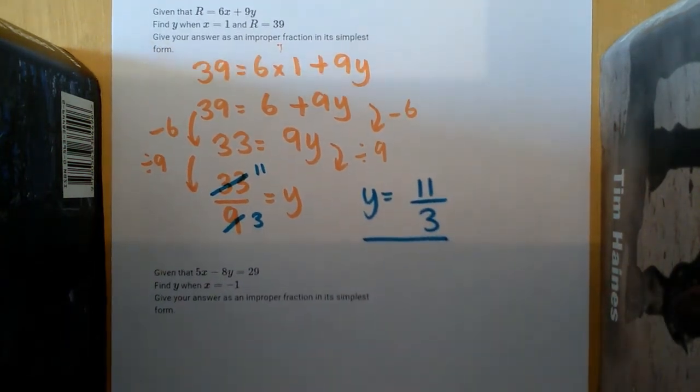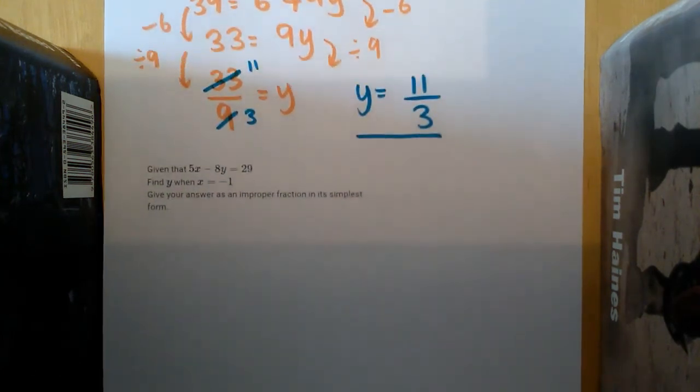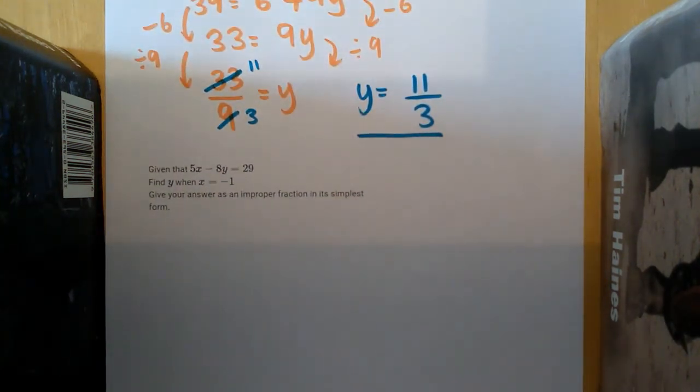Okay, we're just going to look at one more example, and the reason I'm looking at this one is because of these negative numbers, and we know we always struggle with negative numbers. So we do the same thing again. First of all, I've got to find y when x is minus 1. So the first thing we do is substitute minus 1 in place of x.